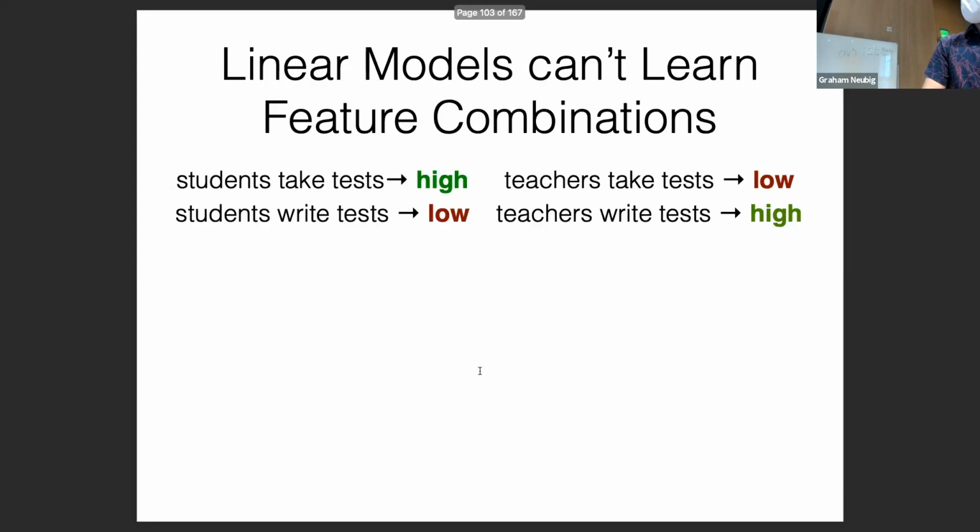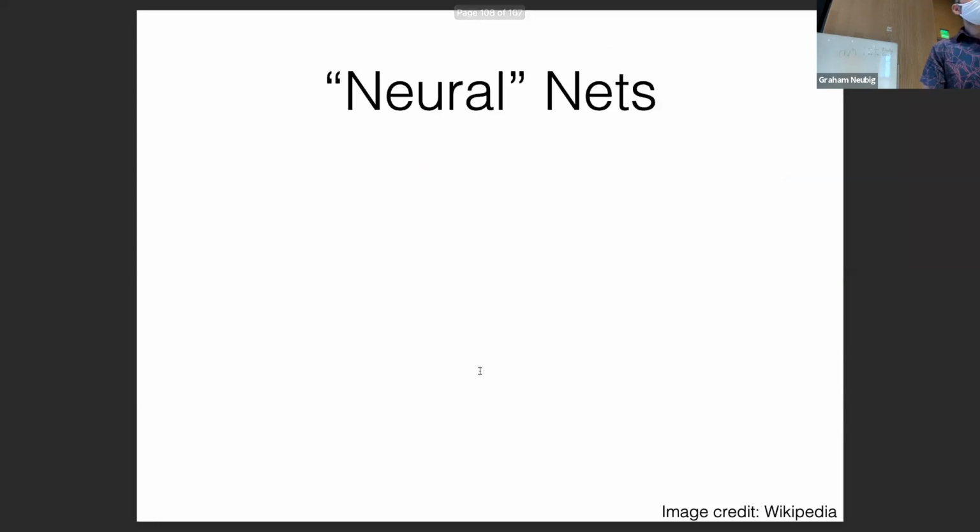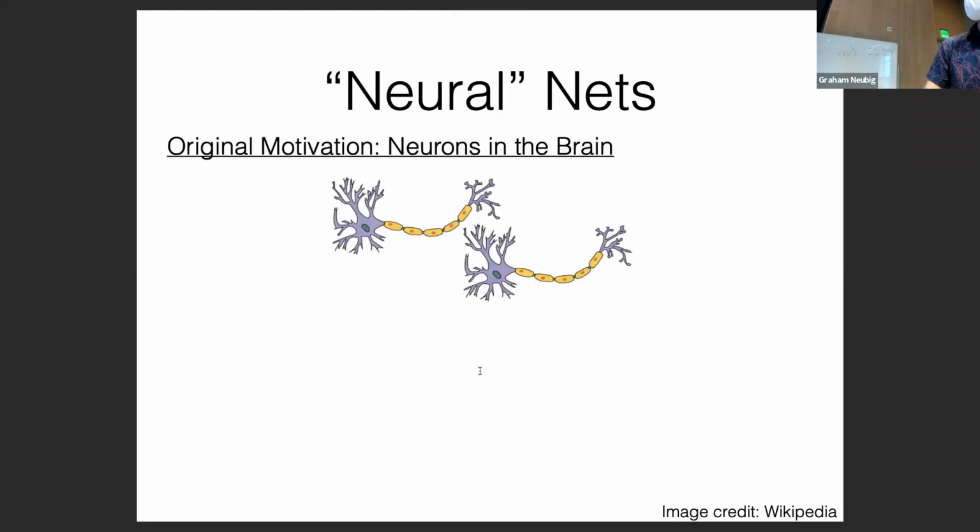So neural networks, I think most people are familiar with these by now, but just to give a little bit of a recap. The original motivation for them was based on neurons in the brain, where you have synapses, and electricity goes into the synapses, and when they reach a threshold, they output an electrical signal.